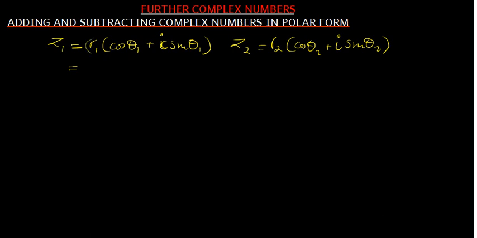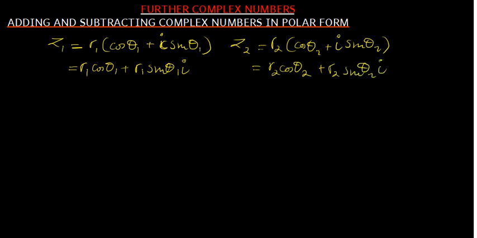So we can distribute this r to everything inside, and so we're going to get r1 cos theta 1 plus r1 sine theta 1 i, and then the other one here we're going to have r2 cos theta 2 plus r2 sine theta 2 i. I can also put the i at the end.